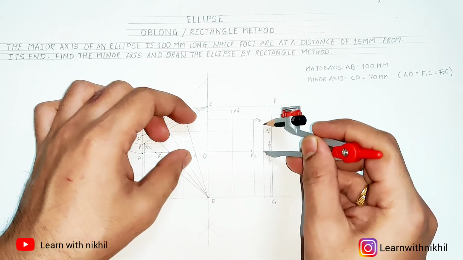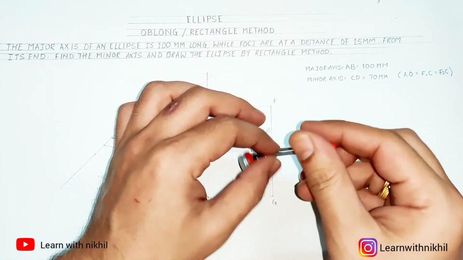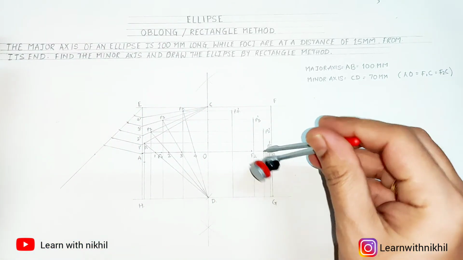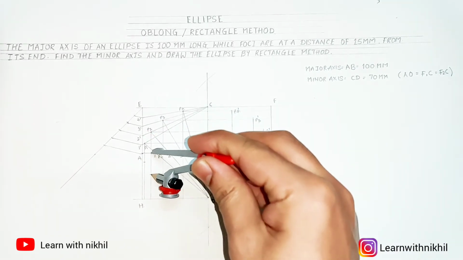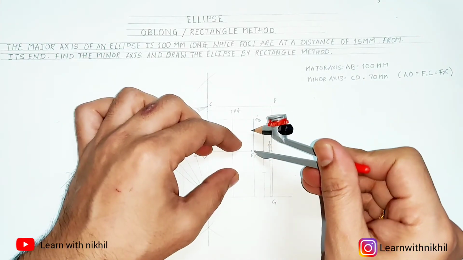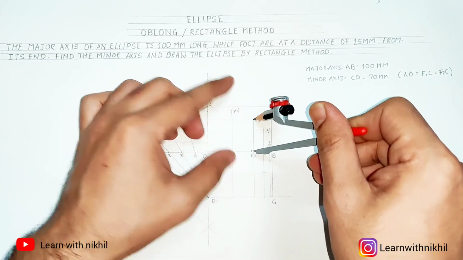Now taking this distance, mark it on the bottom side. With same distance, keeping it here, we can mark it downward. Same do it for the remaining 2 points.